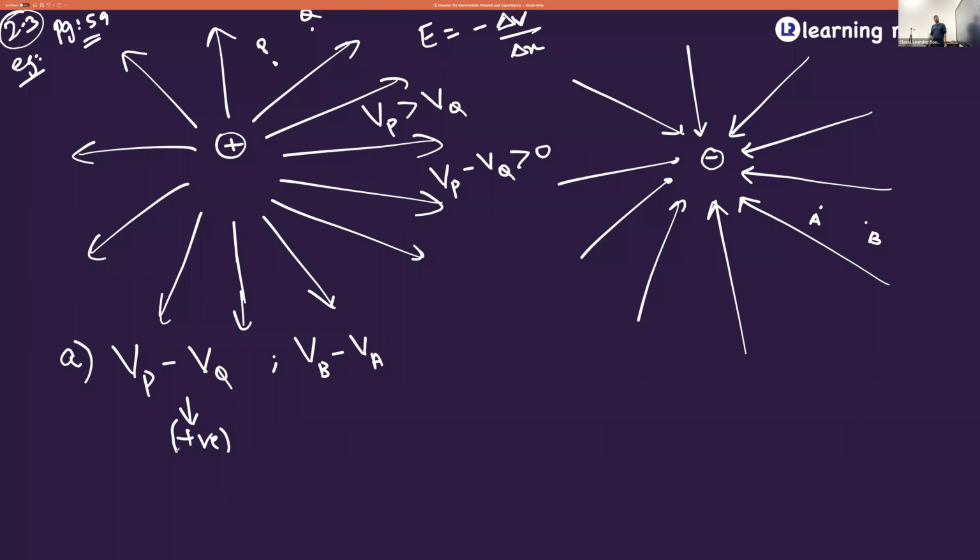In a similar way, if I look at the negative charge, the electric field is in the direction of decreasing potential. So which one is greater? Vb is greater than Va. So Vb minus Va will be greater than 0.